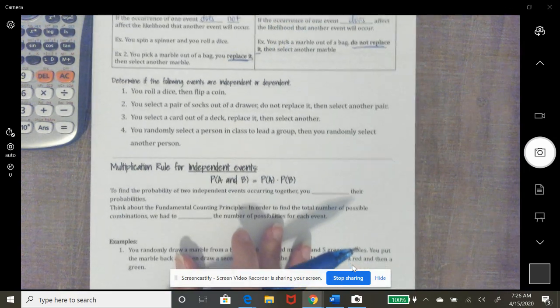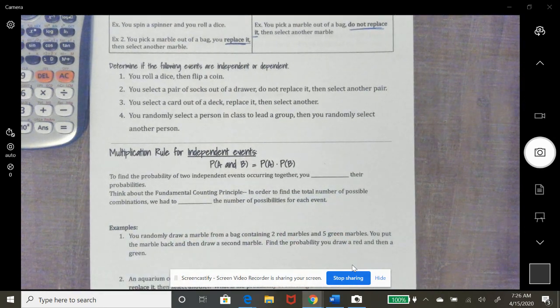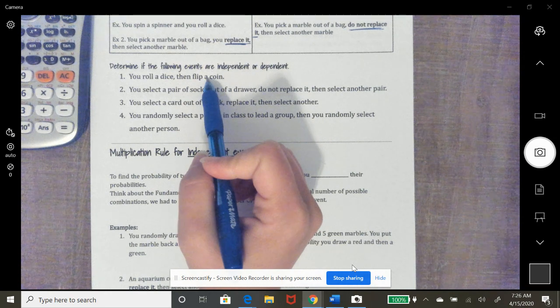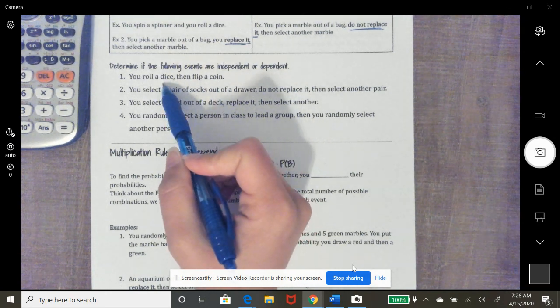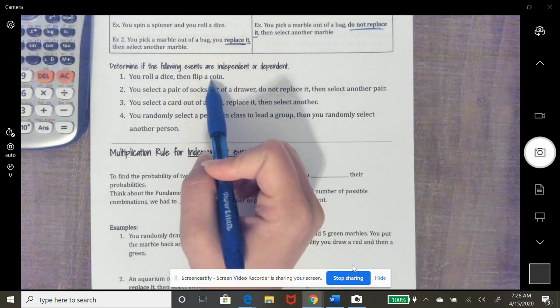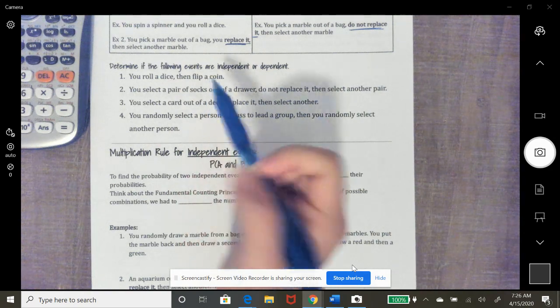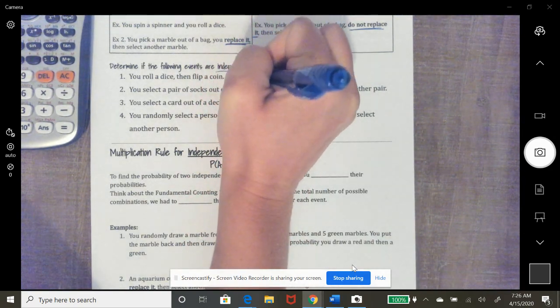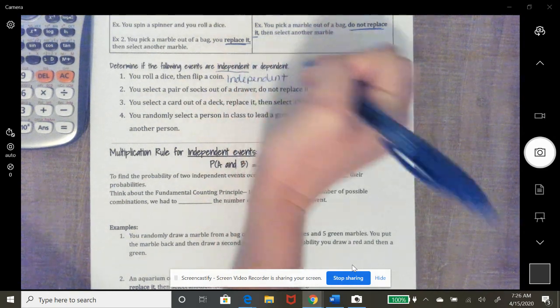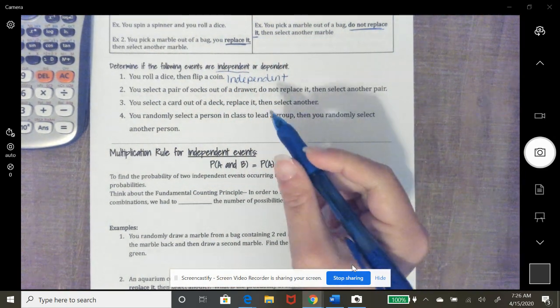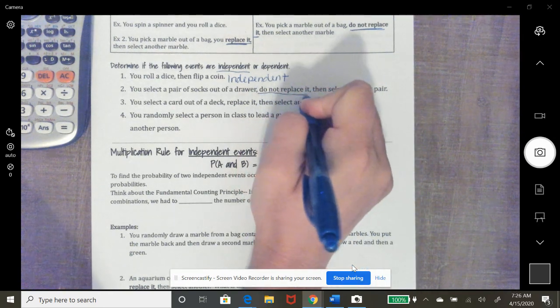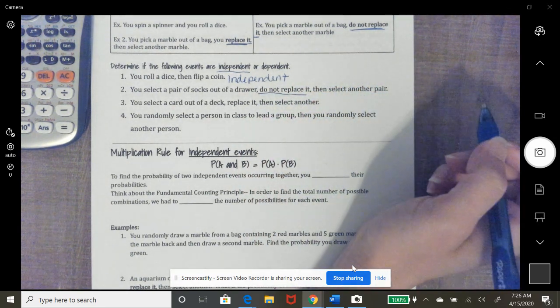Okay, so let's look at a few examples, and we're just going to label independent or dependent. If you roll a dice, then you flip a coin. Is the dice going to have any effect on what you do on the coin? No, so those are independent. You select a pair of socks out of a drawer, do not replace it, then select another pair.